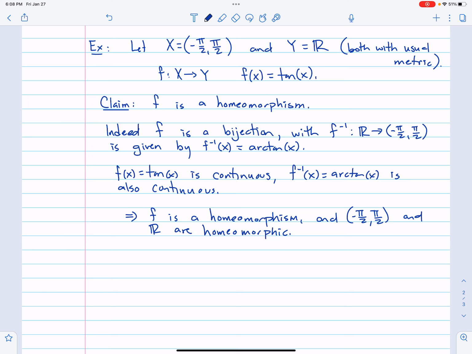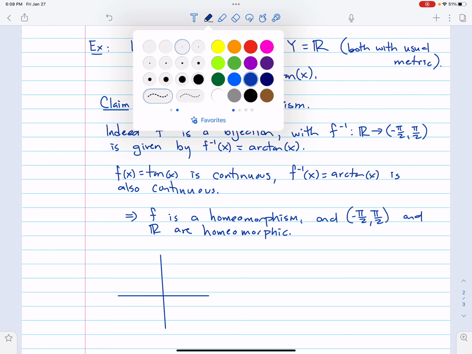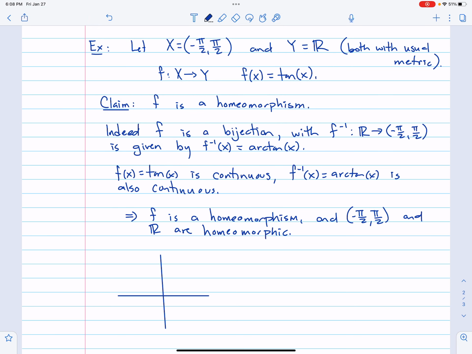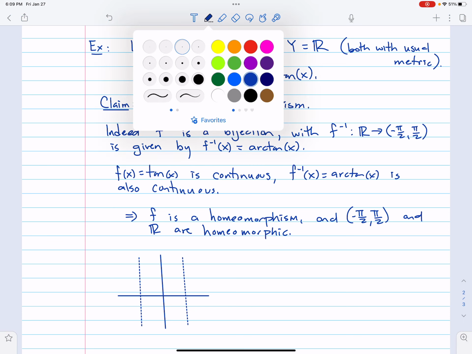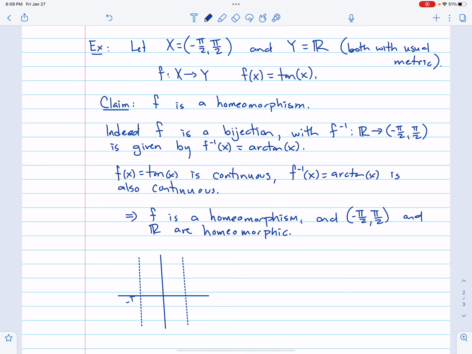All right. So if we want to draw a picture of this, we can. On the one hand, we have our original function, which takes the interval from negative pi over 2 to pi over 2. And the graph of this function, of course, just has these two asymptotes.